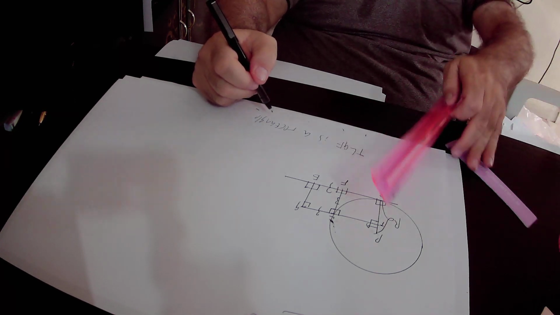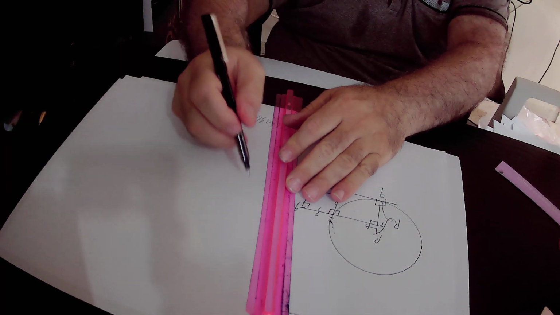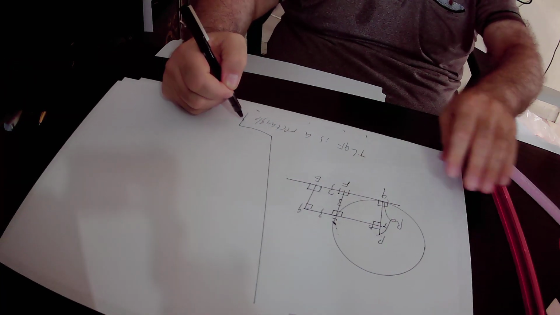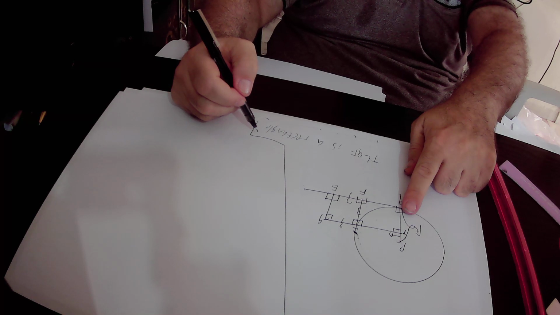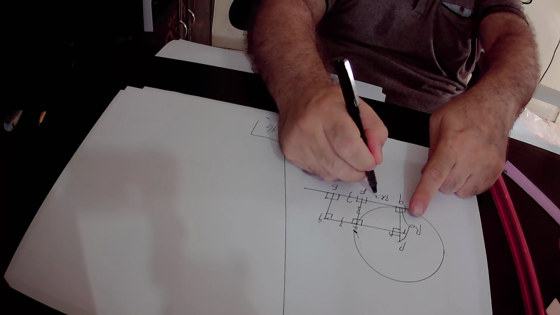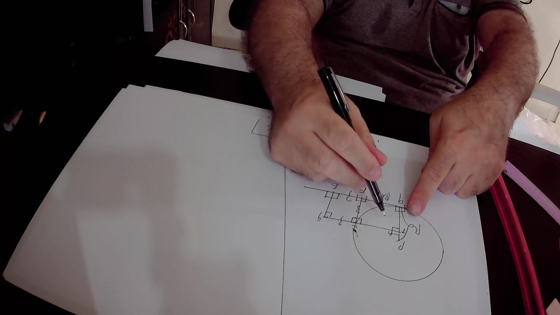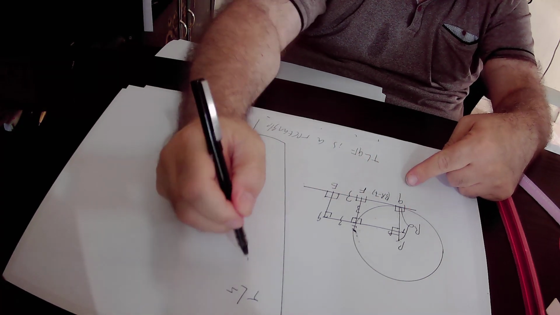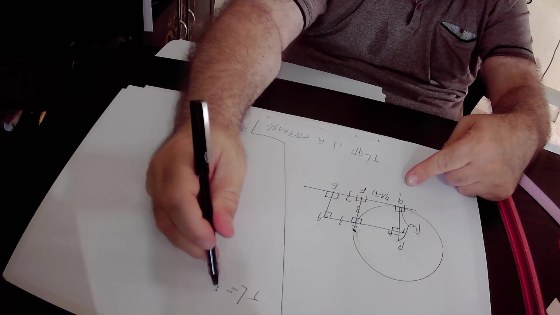And we also know that the opposite sides of a rectangle are equal to each other. That is to say, side TL of the rectangle must be equal to side QF of the rectangle.